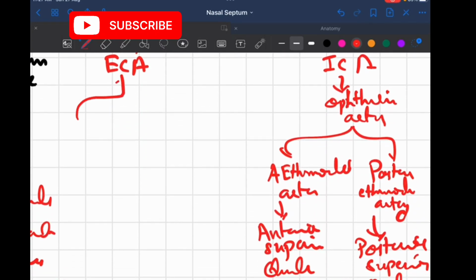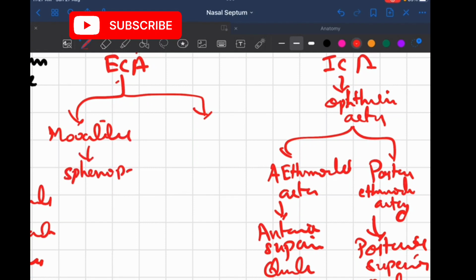The external carotid has 8 branches, but in the nose it is mainly supplied by 2 branches. Maxillary artery: in the maxillary, the sphenopalatine artery enters through the sphenopalatine foramen, which is situated 1 cm behind the middle meatus.